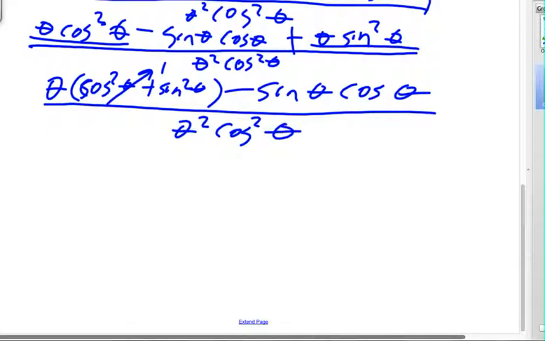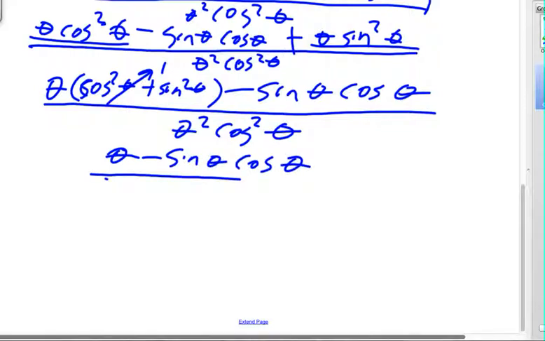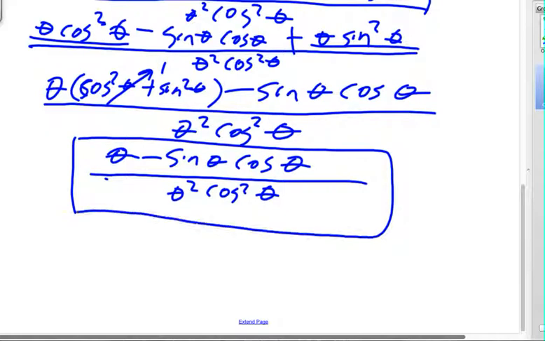And when that goes to 1, I'm going to have theta minus sine theta cosine theta over theta squared cosine squared of theta. Okay, and there's nothing I can factor out. So this now becomes my derivative, and we are done with it.